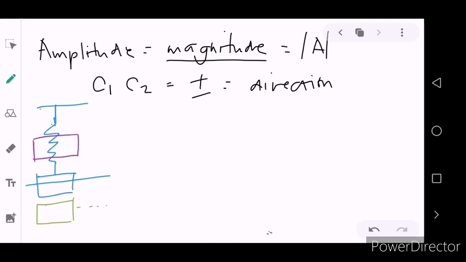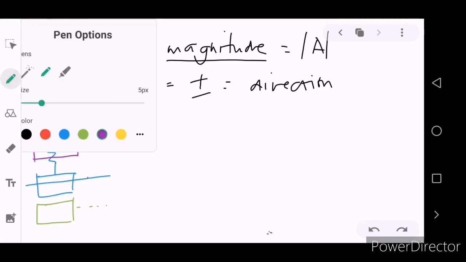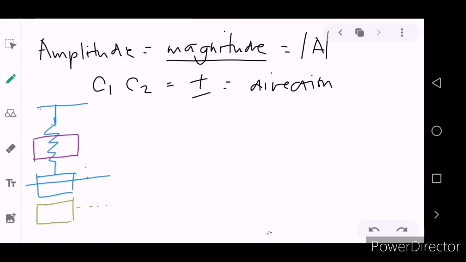And then, it will come again to this position, and then this position again, and so on and so forth. That's why the oscillation produced is called vibration.